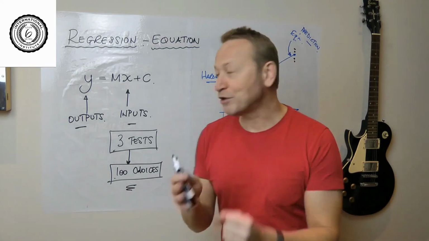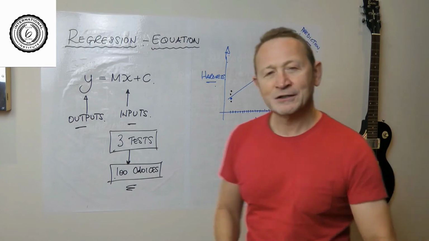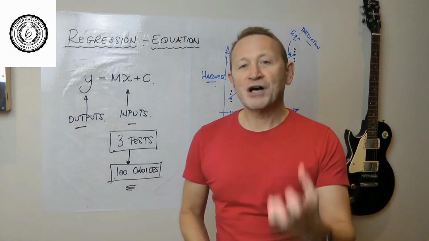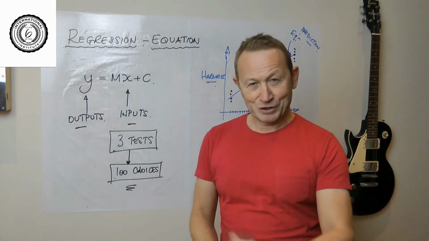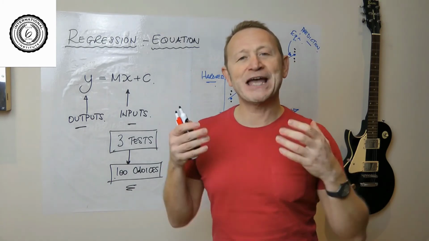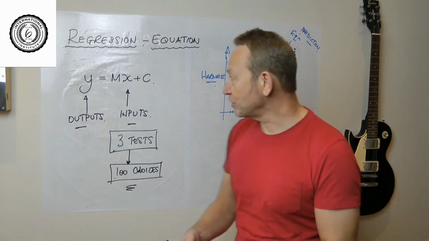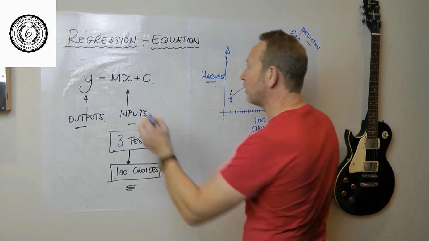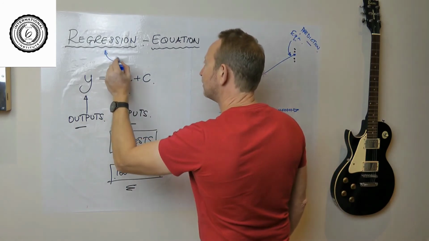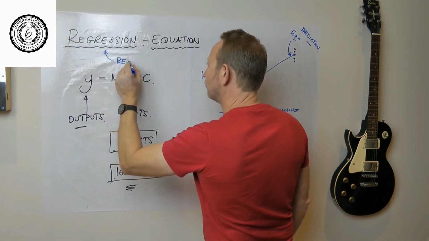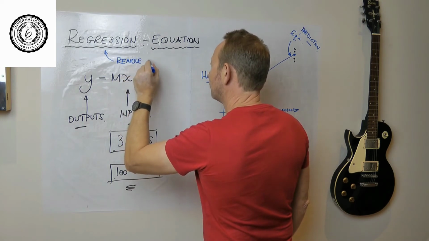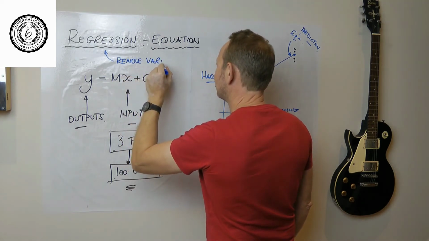Now, some important points about doing this. Before you go and do any kind of work on a process, before you try to get knowledge, the first thing you've got to do before you go do regression, you have to remove variability.